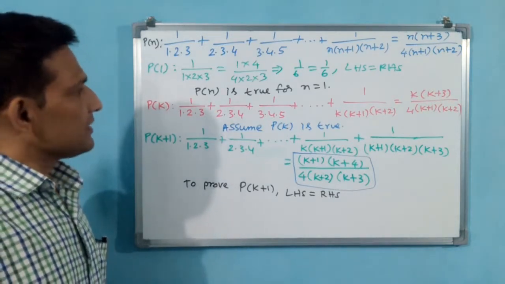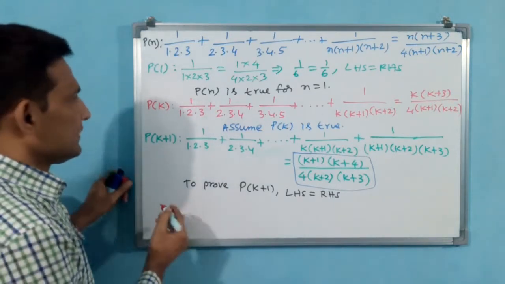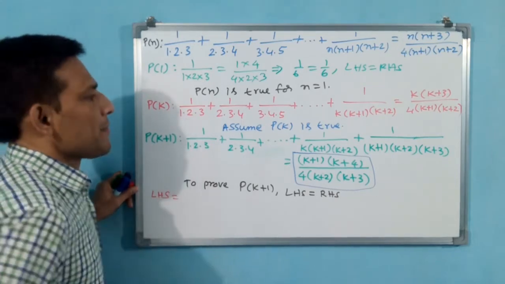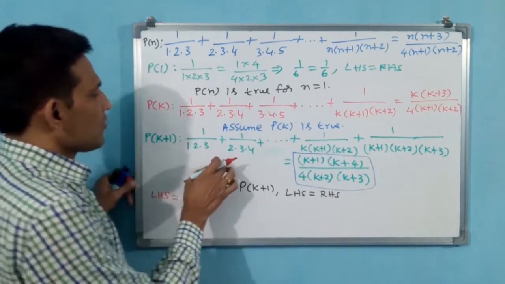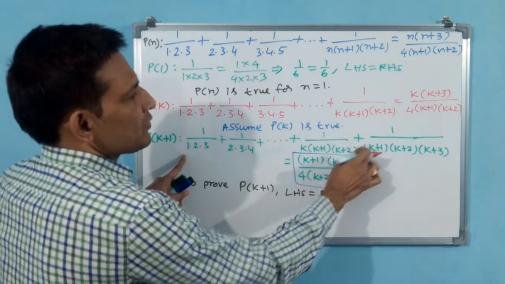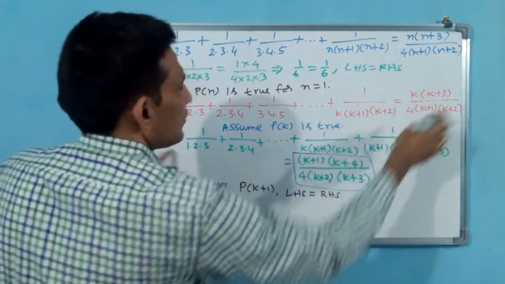And you have to take LHS also. Take LHS. Okay, LHS, if you take, automatically up to k into k plus 1 into k plus 2, you have got this result. This result you copy.